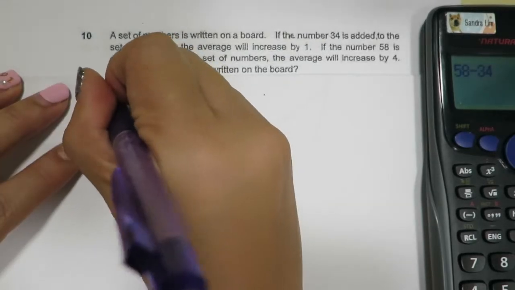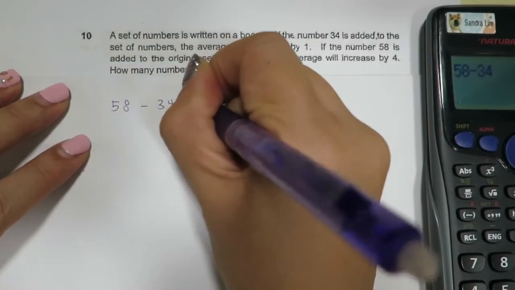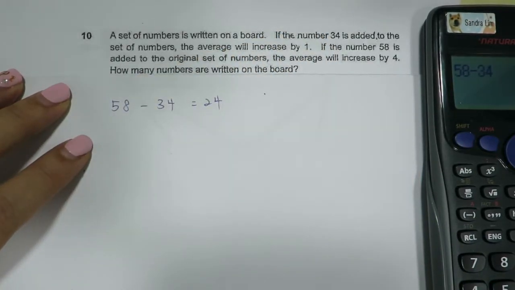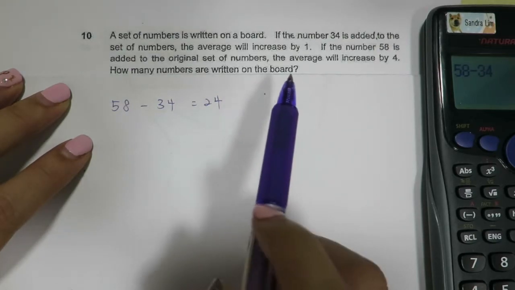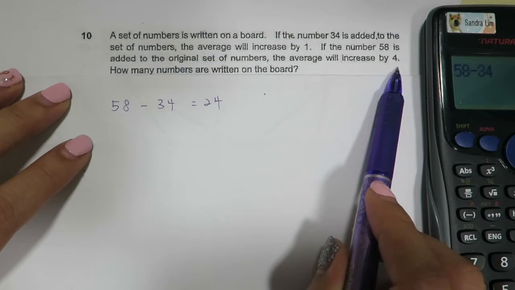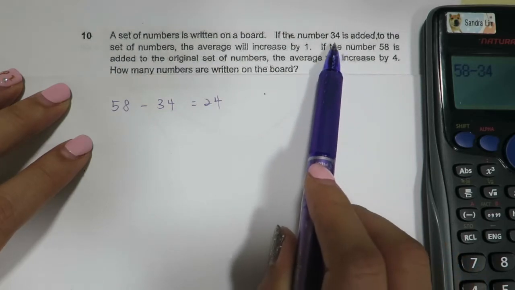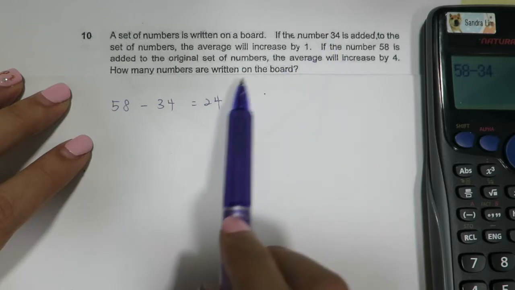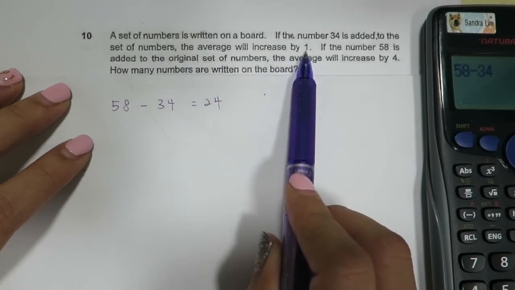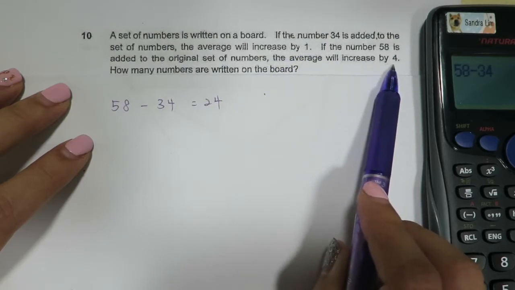The difference in the number added in 2 scenarios would be 24. So in the second scenario, they added 24 more to the numbers, and that caused the average to increase by 3 more, because in the first scenario it increased by 1, the second scenario increased by 4. So the difference in the number added, 24, caused the difference in the average to increase by 3.